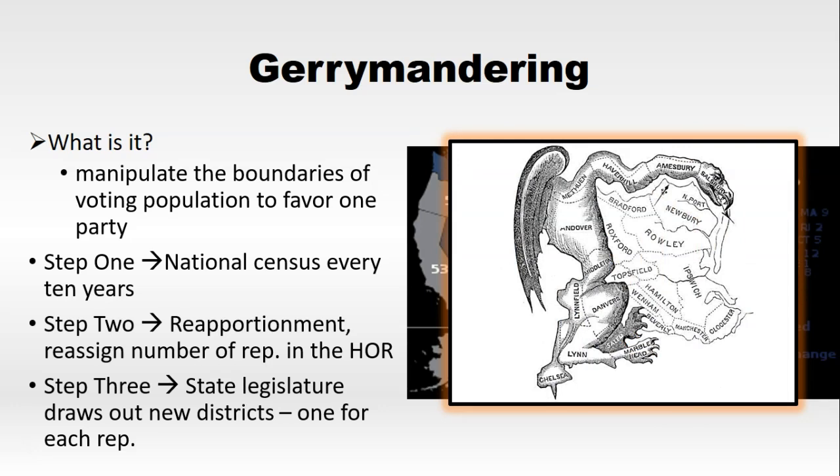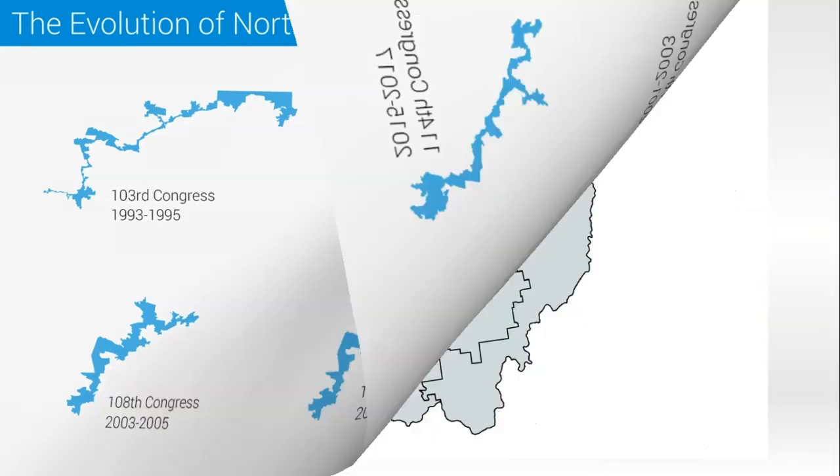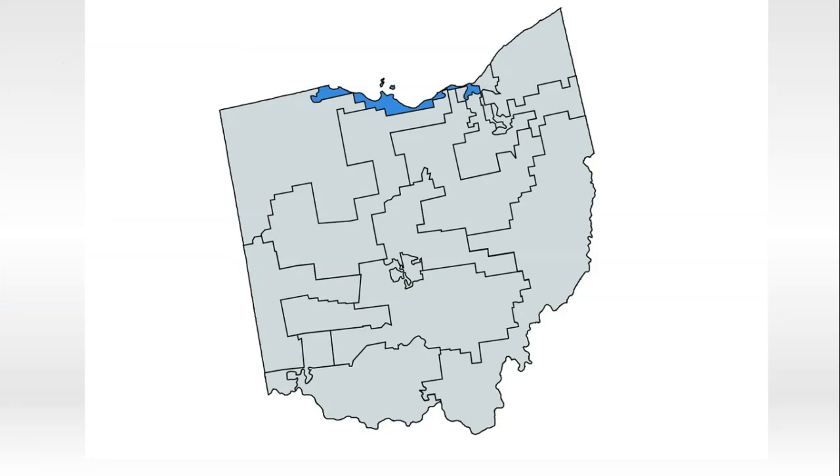So let's look at some examples of these districts and gerrymandering really taking place. Here's an example of the evolution of North Carolina's 12th congressional district, and you can see over the years how that district has changed. Pretty crazy, right? Here is another example in Ohio of gerrymandering taking place.